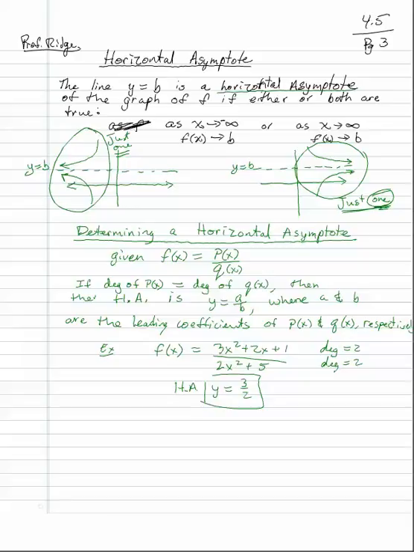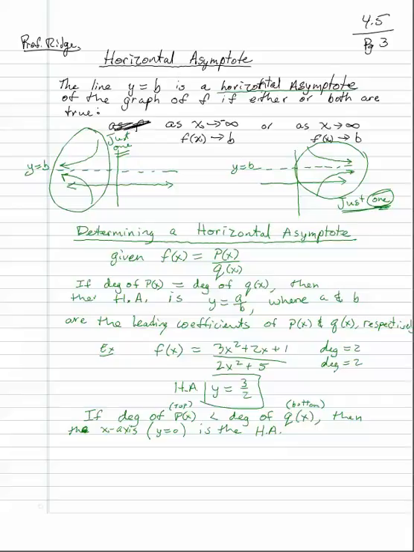Okay? Now, if the degree of the top, p of x, is less than the degree of the bottom, q of x, then the x-axis, or y equals 0, is the horizontal asymptote.